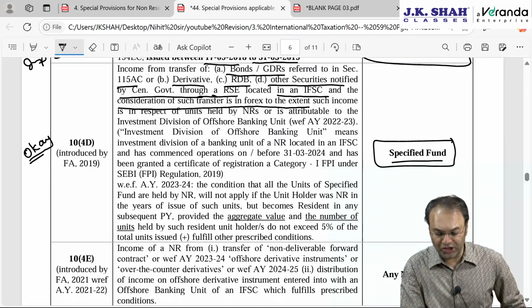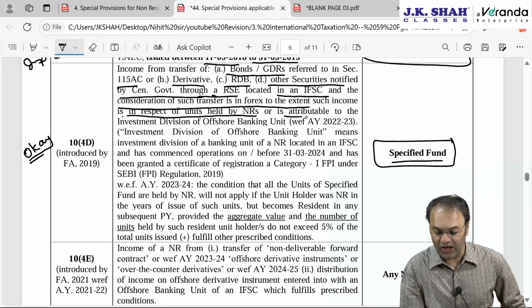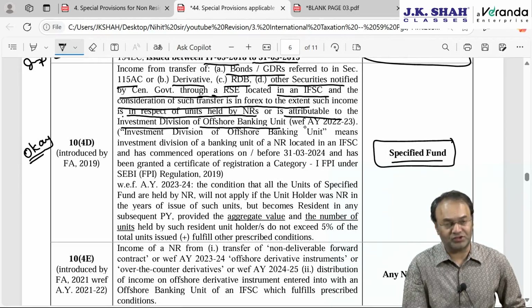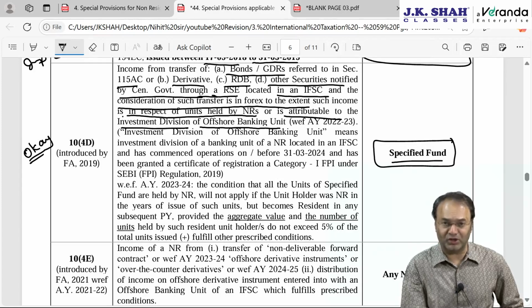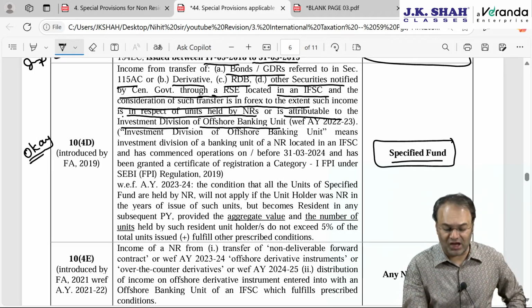Only income in respect of units held by non-residents, or income which is attributable to the investment division of an offshore banking unit. This was introduced in assessment year 2022-23. What is an offshore banking unit or what is the investment division? That is clarified.